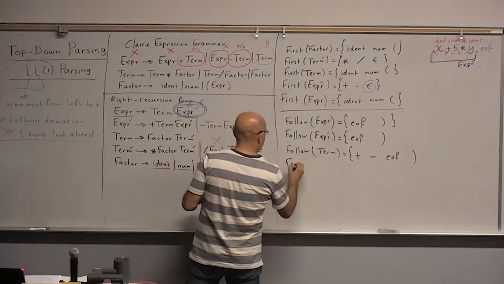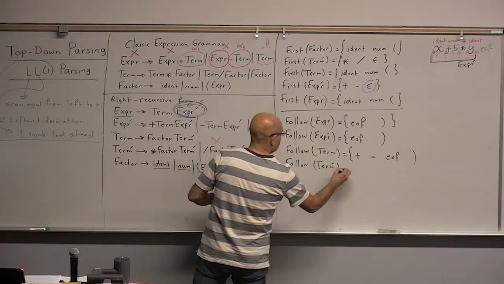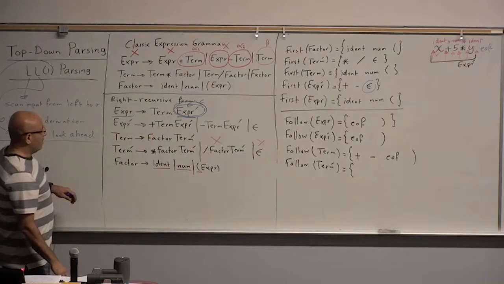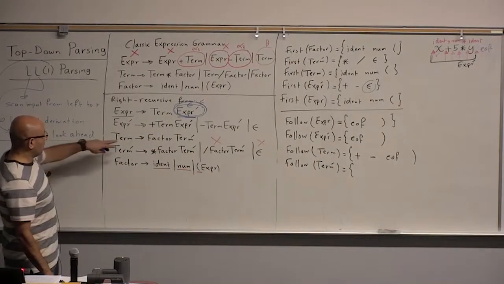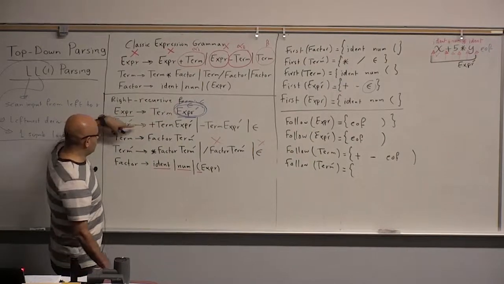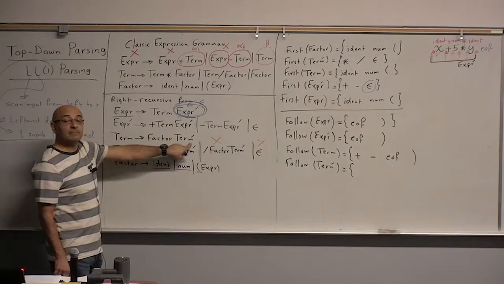Now follow of term prime equals. Okay, so I look at term prime, scan for term prime on the right-hand side. So it appears here. What does this tell me?